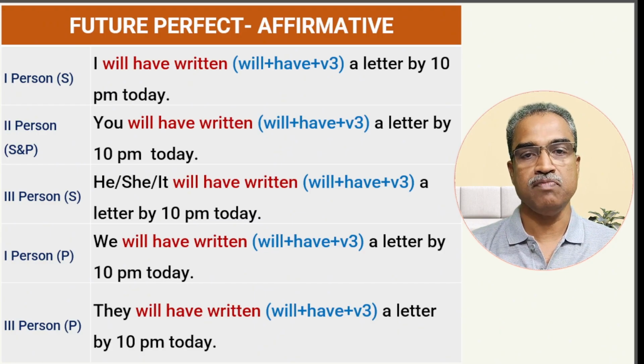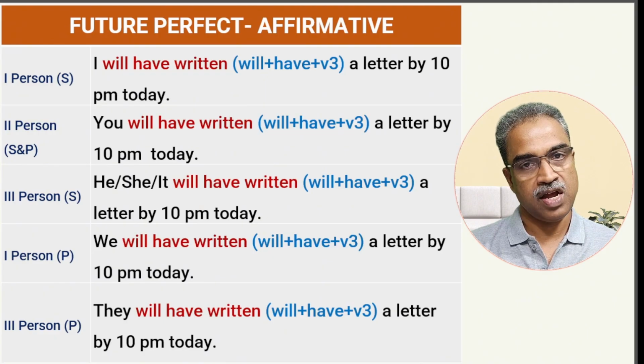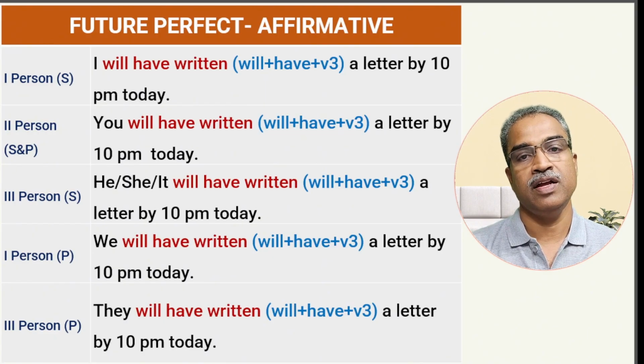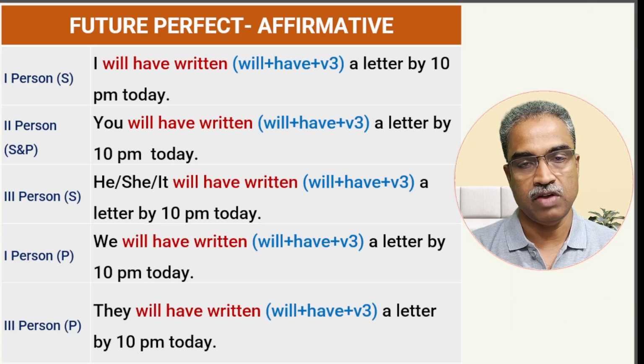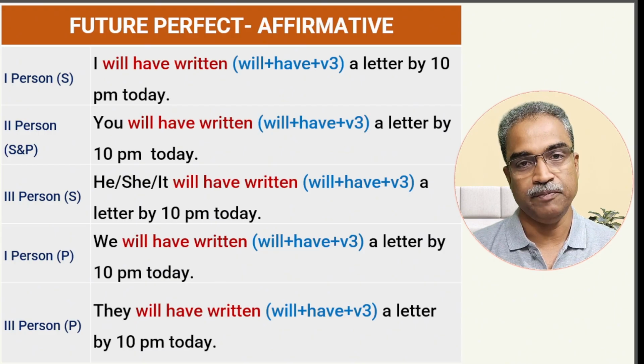That means I haven't completed now. Perhaps I have already started, or else I am starting right now, or else I may start after some time in the future, but I will complete by a specified time, 8 o'clock, 7 o'clock, next week, next month, next year, whatever. I hope you understood now when actually we use future perfect tense.